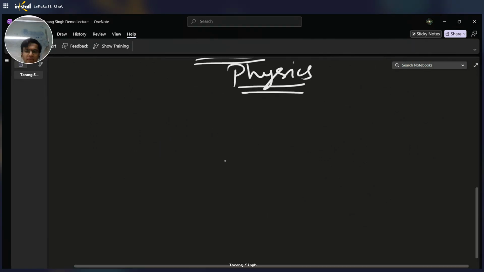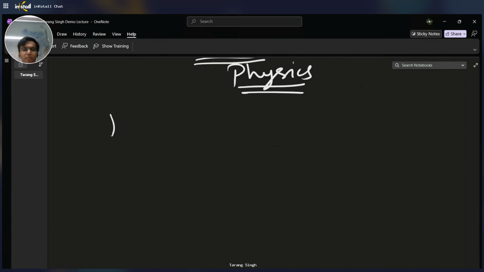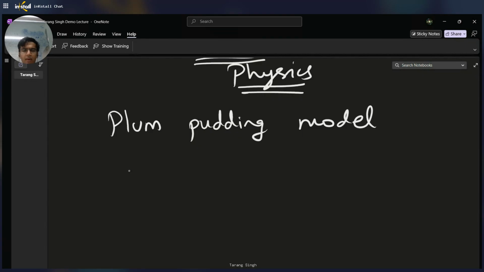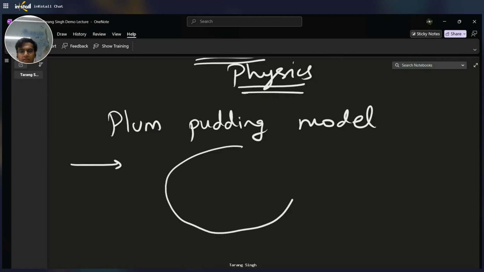The first and foremost theory which was put forth, and which was a bit rigorous, was the plum pudding model. The plum pudding model gave the theory that, just like a plum pudding, it resonated with the picture of an atom. Suppose this is an atom, and suppose these are the plum pieces inside the pudding cake.